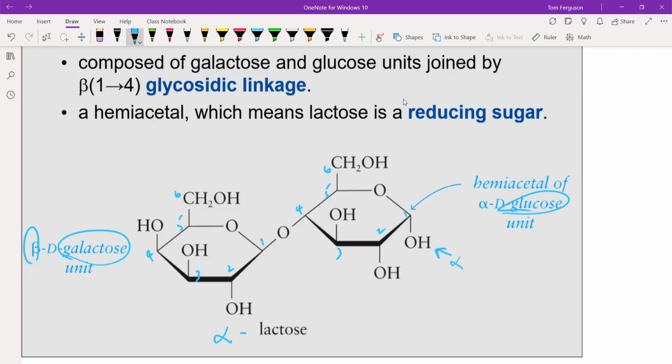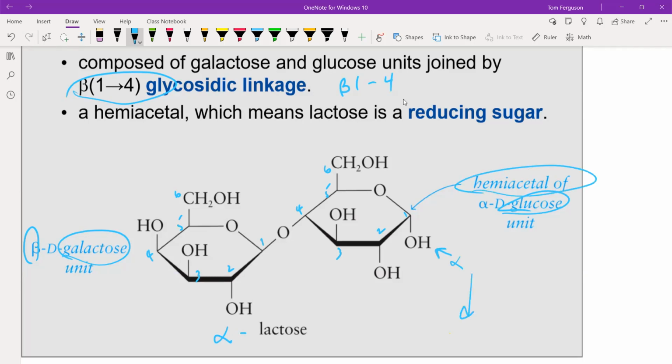So we're starting with the galactose unit going up, so it's a beta. And when it hooks up with carbon number 4 on the glucose, which is already down, we get this beta 1,4 glycosidic linkage. Okay.